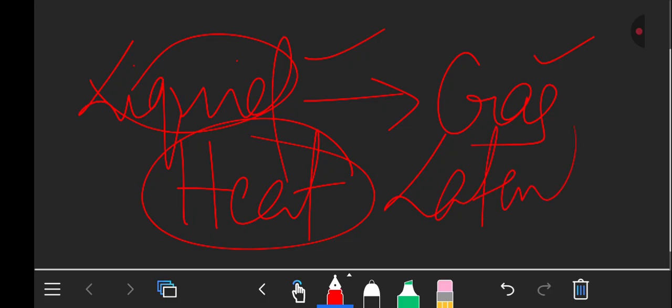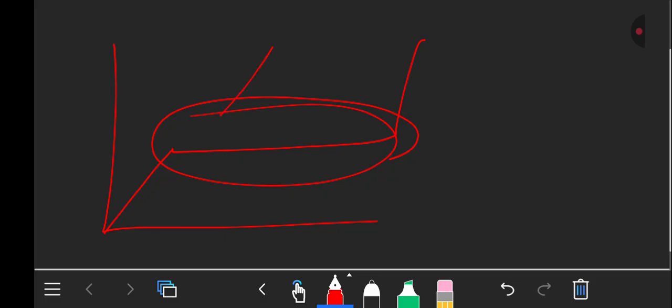Latent is a Latin term which means hidden. So if you have this curve, let's say this is the heating curve, there's latent heat here. There's a hidden temperature.